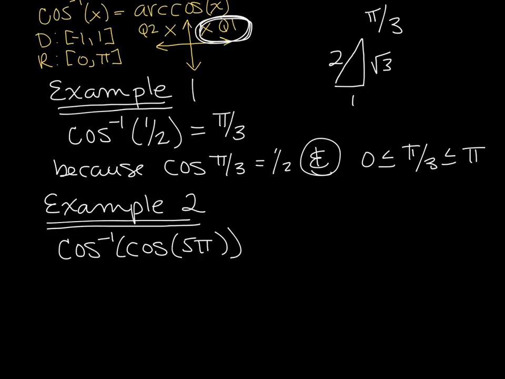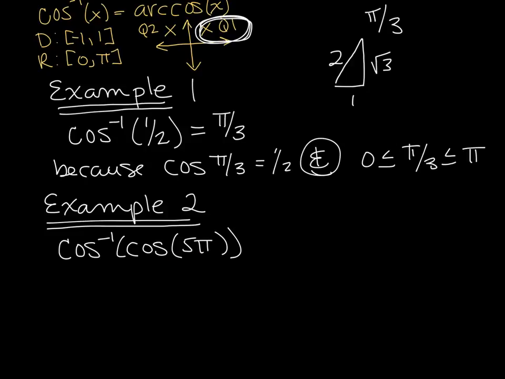Now we know that functions and their inverses undo one another. So it's super tempting to say, well, inverse cosine and cosine undo one another, and I get back what I started with, which is 5 pi. But that's not quite true, and it has to do with the domain and range of cosine and inverse cosine. So first of all, what is the cosine of 5 pi?